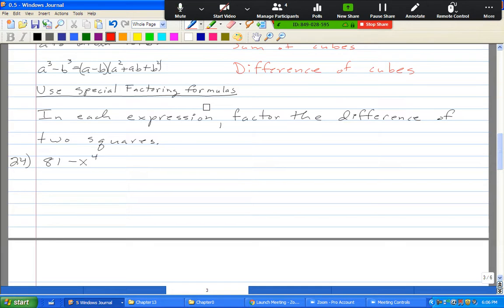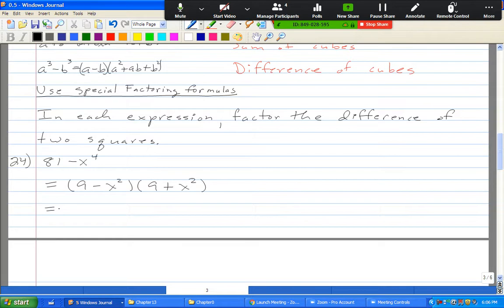So I have here 81 minus x to the fourth. You notice that this is the difference of squares. 81 is a perfect square, and so is x to the fourth. So this is the same as 9 squared minus x squared squared. So this is just equal to 9 minus x squared times 9 plus x squared.